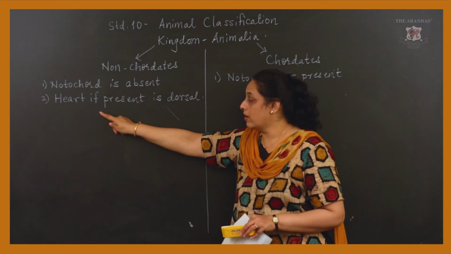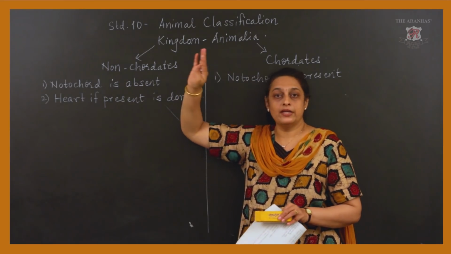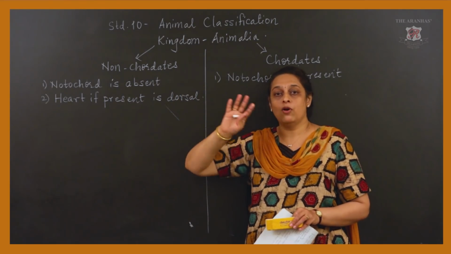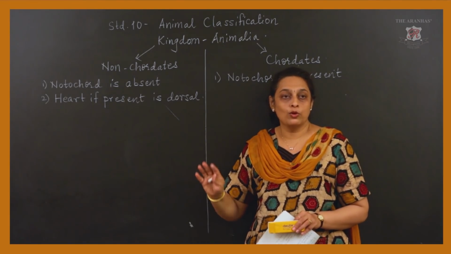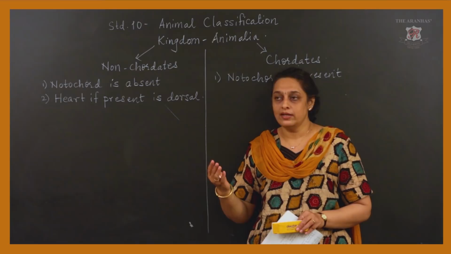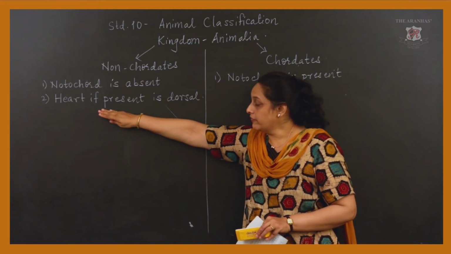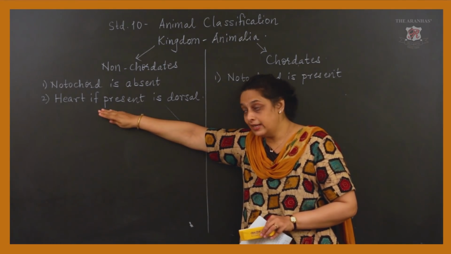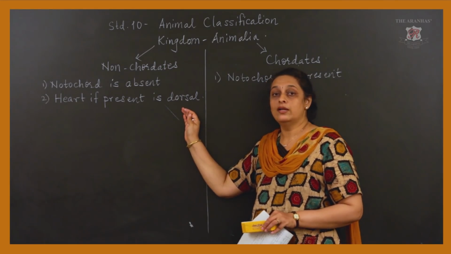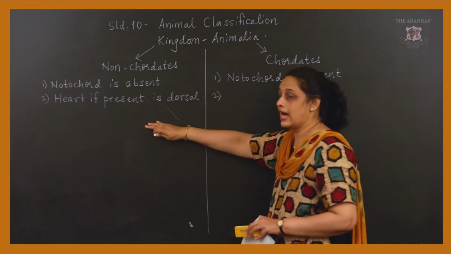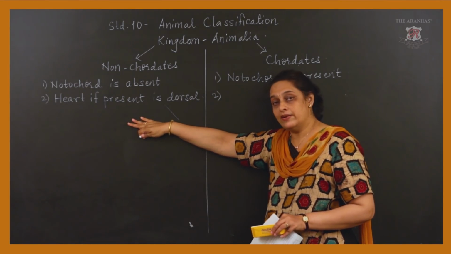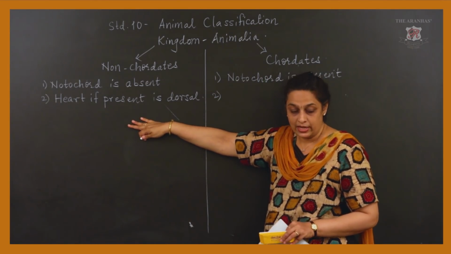So in non-chordates, first of all remember that all non-chordates do not have a heart to pump blood or fluid. So if a heart is present, it will be on the dorsal side. Otherwise, the heart is going to be absent in the rest of the non-chordates.